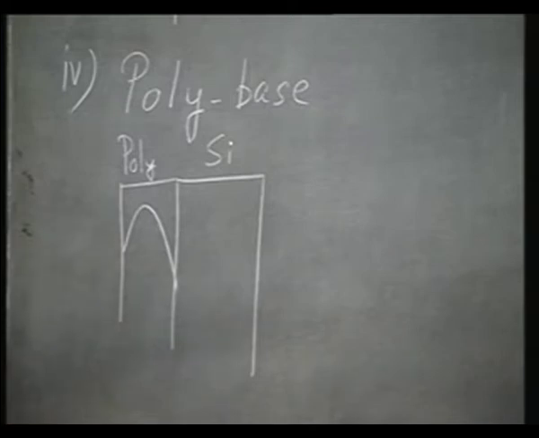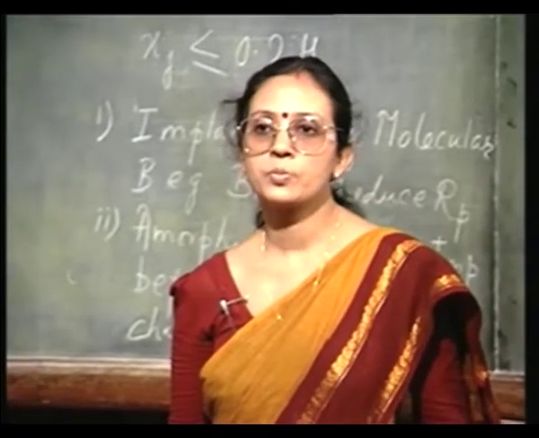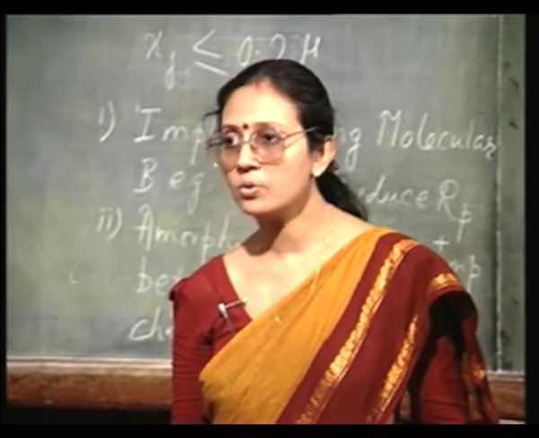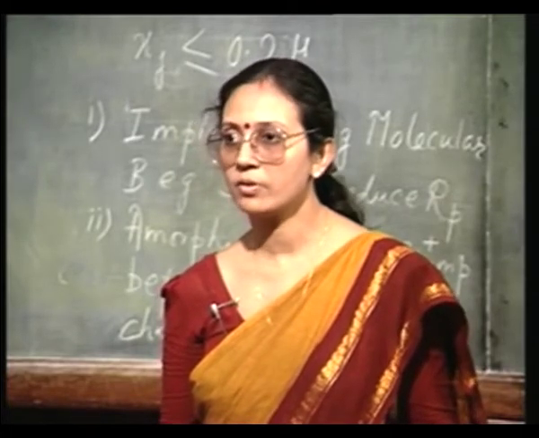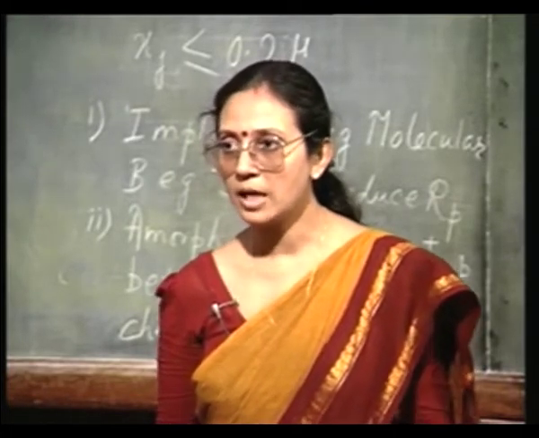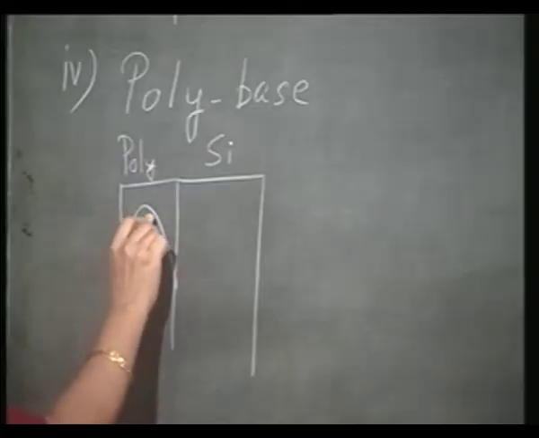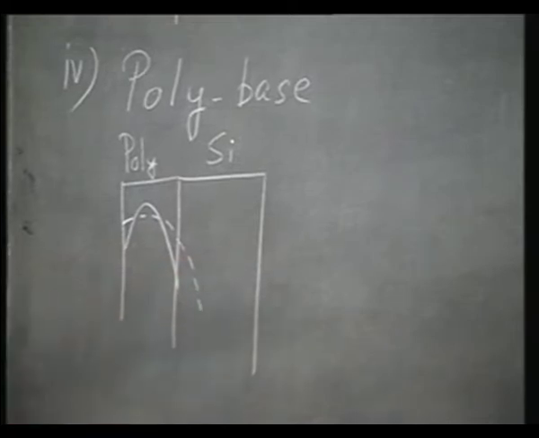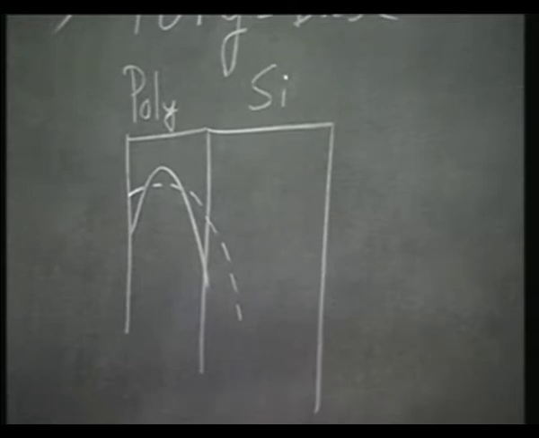Now, you use this doped poly as a source and you carry out annealing or driving, whatever you want to call it. So that actually what happens is, you get a shallow junction in the silicon.